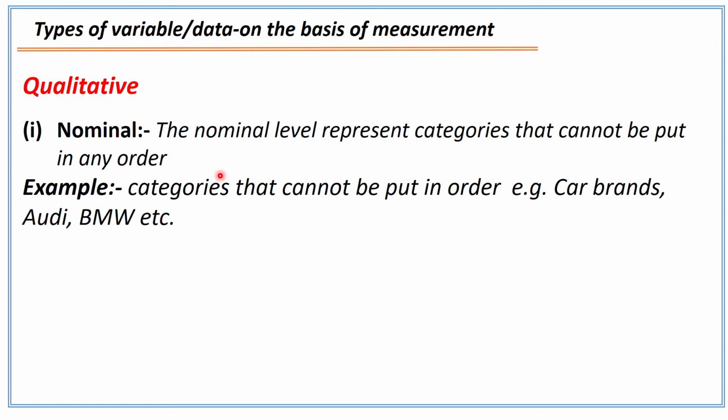Keep in mind, this kind of data cannot be put in any order. Let's say our first example, car brands, Audi, BMW, etc. I can say BMW first, or I can say Audi first, and there is no order required in this. Brand is a brand. That kind of data is known as nominal qualitative data.